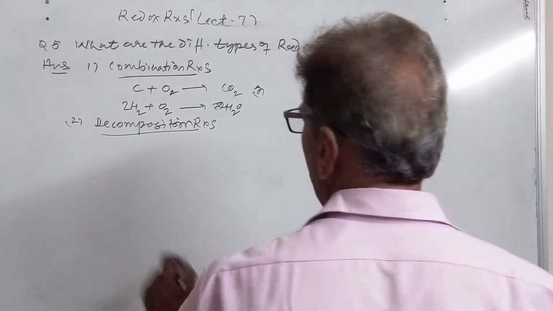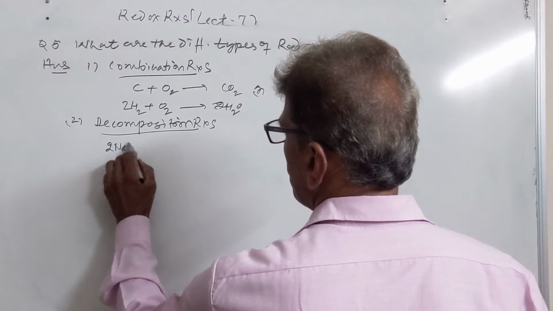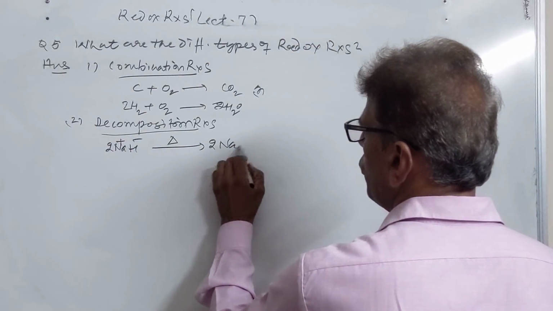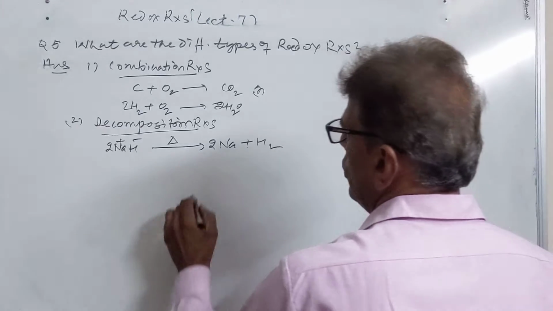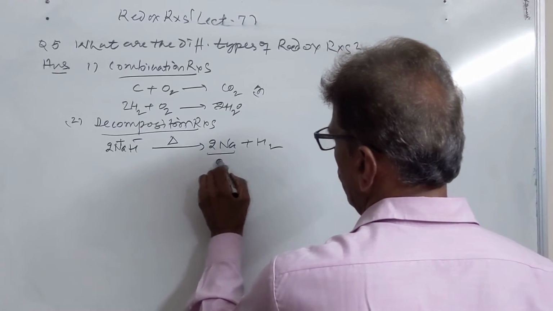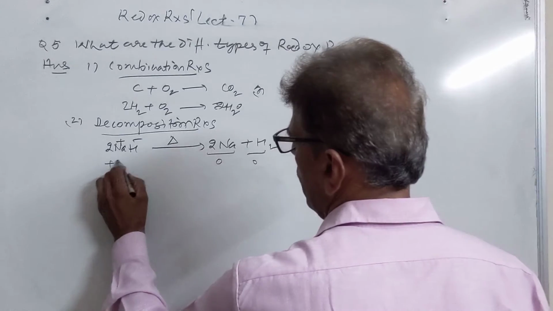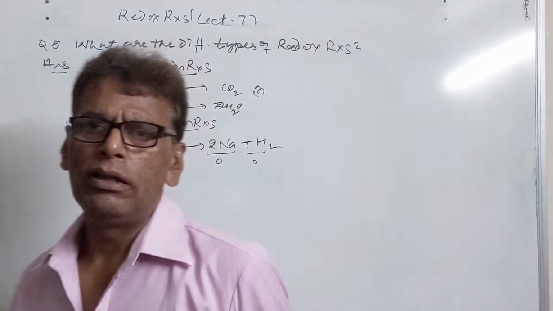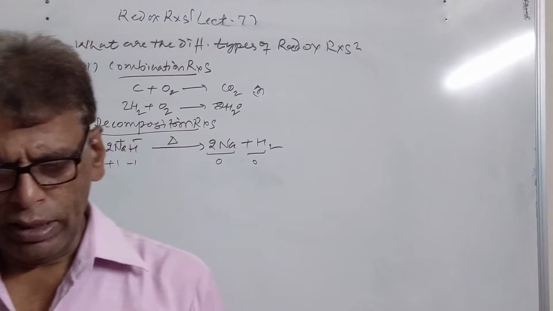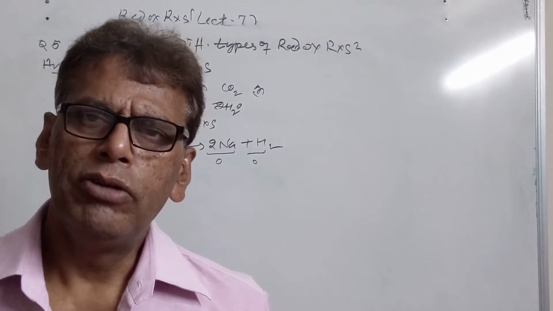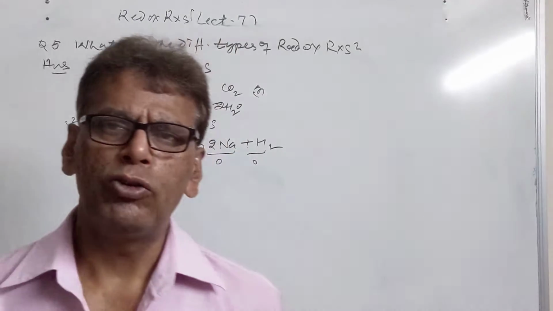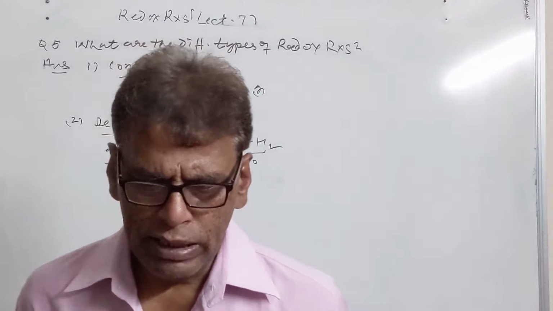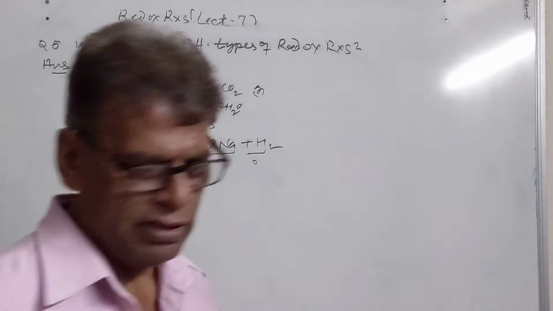For example, 2NaH, sodium hydride, when heated, changes to 2Na plus H2. So here oxidation number is 0, here 0, and here it was plus 1 and minus 1. So in decomposition reactions, the elements which were initially in the oxidized or reduced form are reduced to their elemental state.